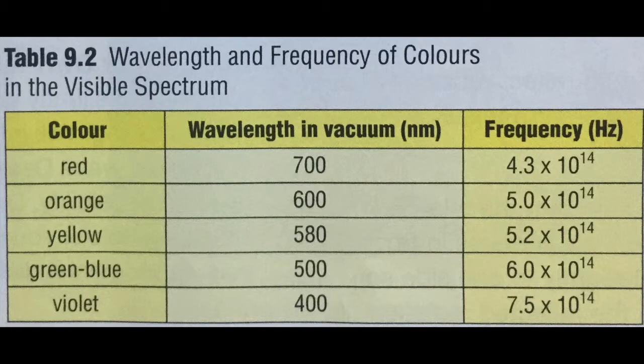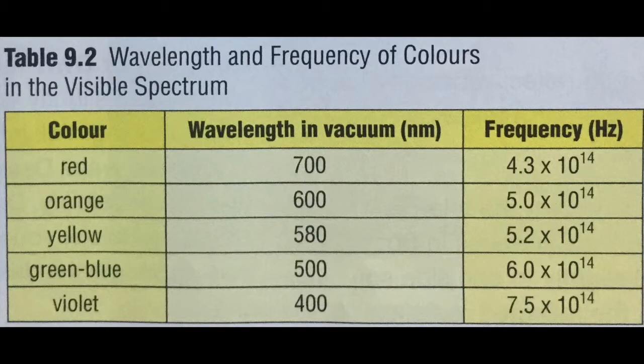Did you know a nanometer, nm, is equal to 0.000000001 meters? Expressed in scientific notation, this is 1.0 times 10 to the negative 9th meters.